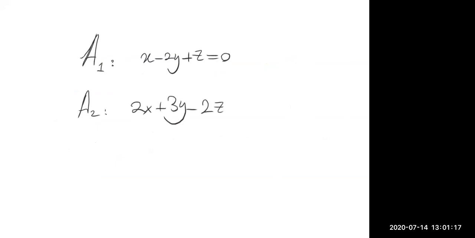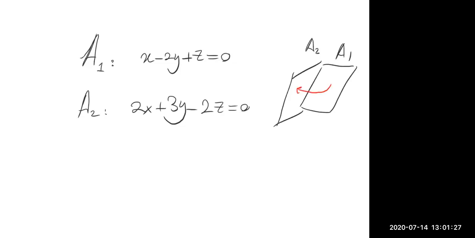Say I have a plane x minus 2y plus z equals 0. It's one plane. I have another plane, let's say 2x plus 3y minus 2z equals 0. Right, say I have two planes. This is one of them, this is the other one, A1, A2. I want to compute the angle between these two planes, theta.